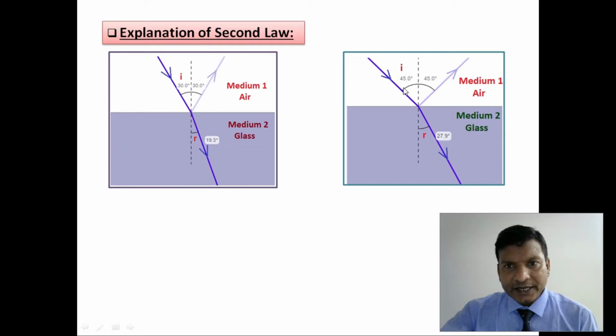And here the angle of incidence is changed. You can see the angle of incidence is 45 degrees, whereas the angle of refraction is 27 degrees. Why? Because the ray is bending towards the normal. Therefore the angle of refraction is becoming less than the angle of incidence.